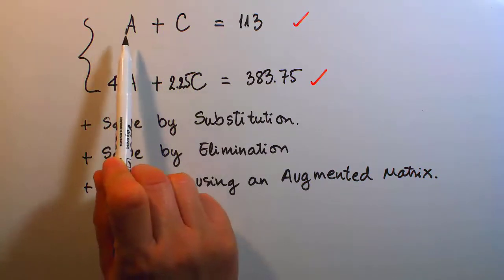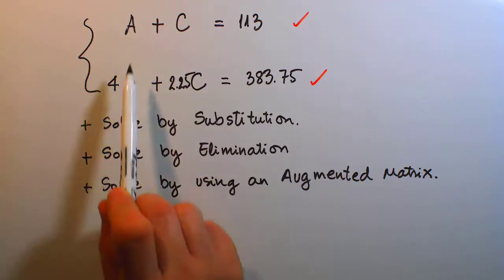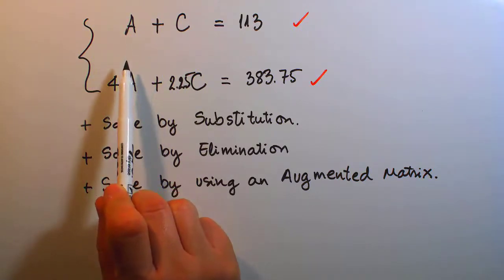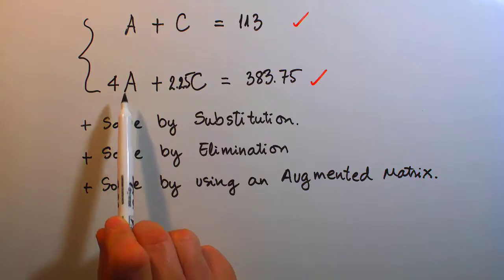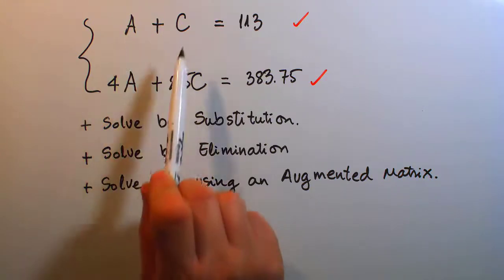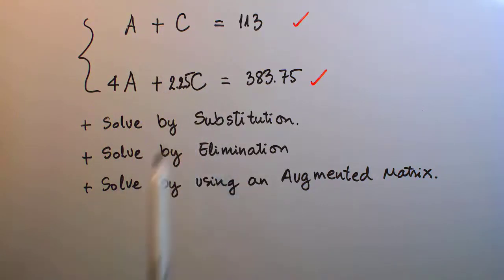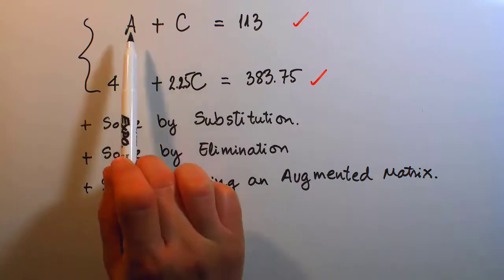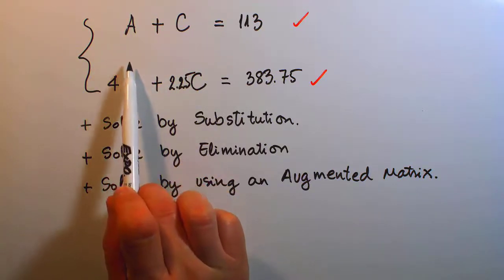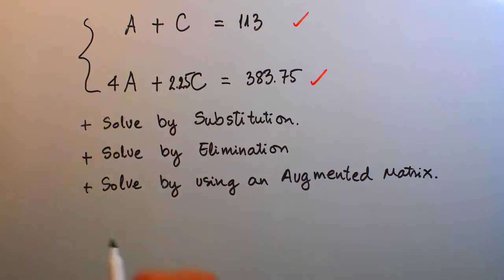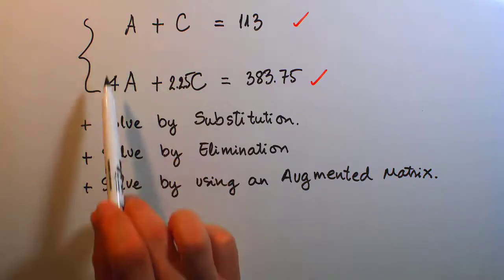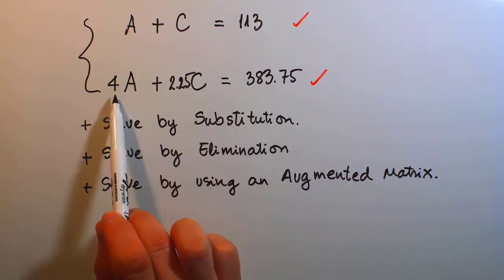So right from the beginning, the equations were also written in a way where the variables are lined up in columns. In the column corresponding to the A variable, we have coefficient 1, and down at the bottom of the column we have a coefficient 4.